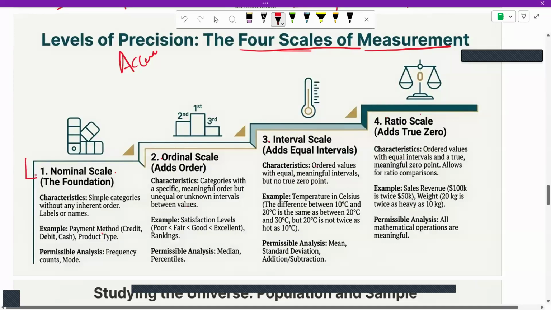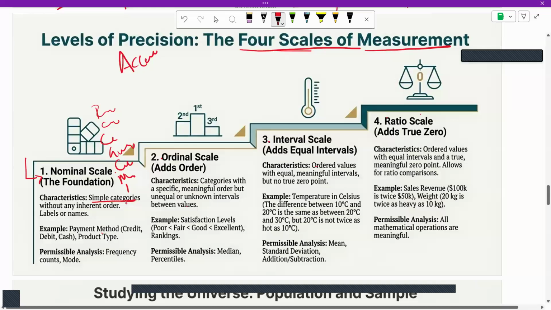Nominal data, as I explained, includes only the categories, right? It has categories like name, color, gender, city, country, brand. So it has no order.